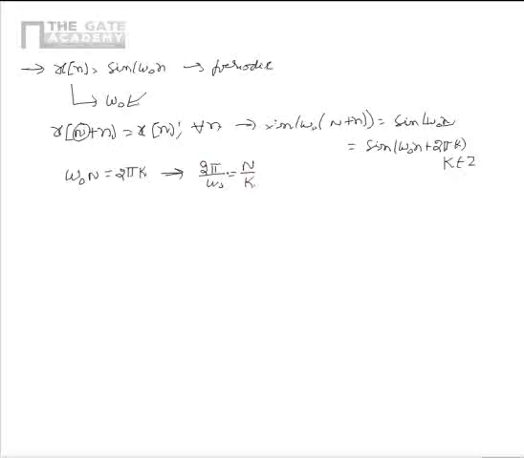From this, we can see that for the given signal to be periodic, 2 pi by omega naught should be a rational number.